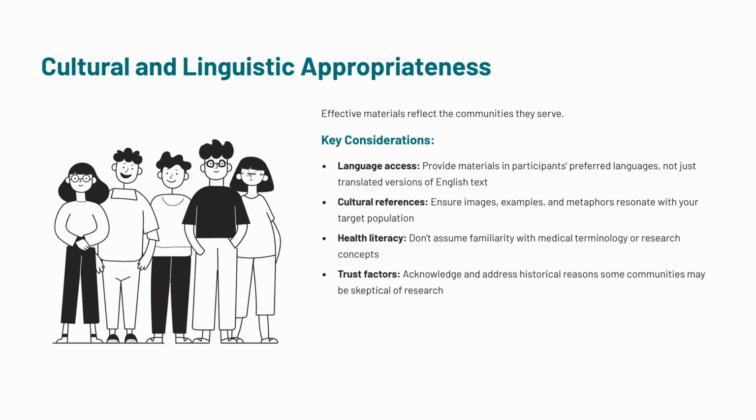Start with language access, meaning materials in participants' preferred languages, not just an English-only default. Then check cultural references. Images, examples, and metaphors should make sense to your target population, not feel generic or out of place.